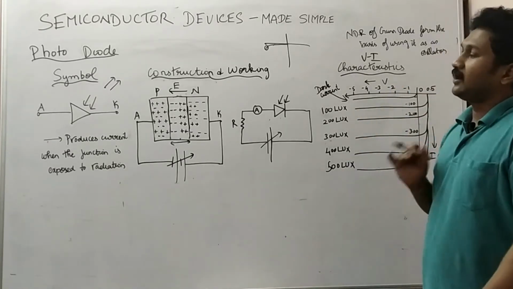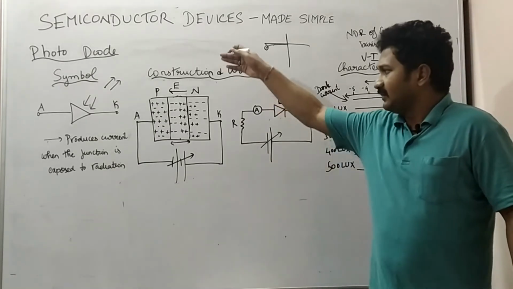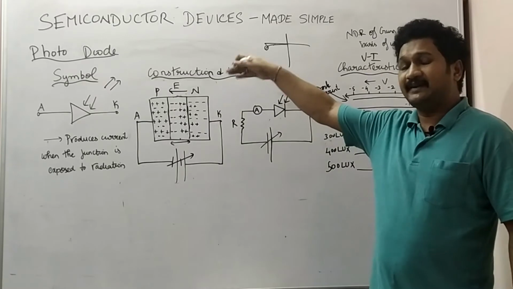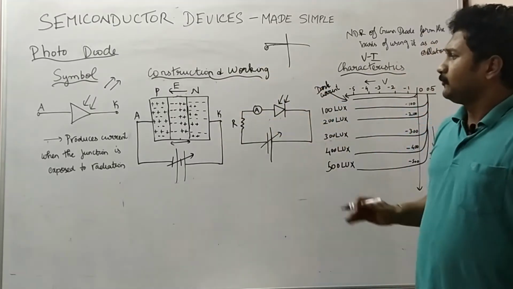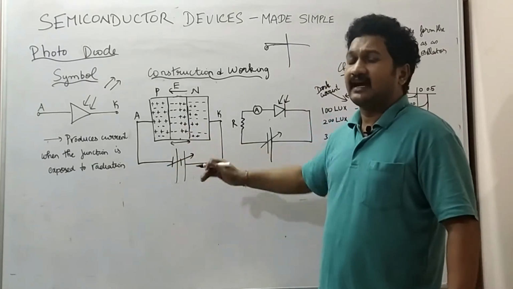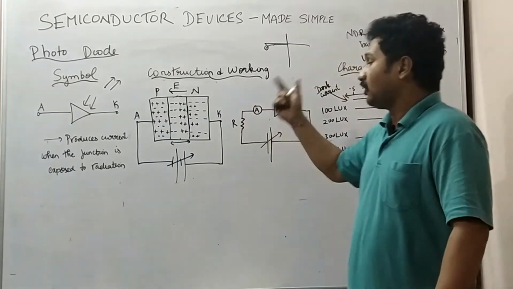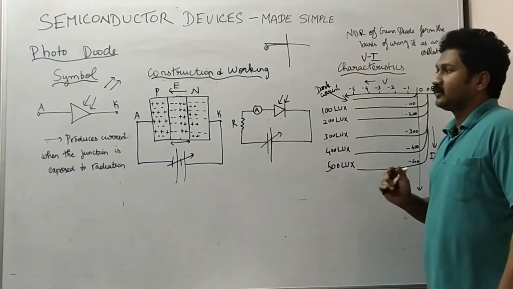This current is called dark current because there is no radiation incident on the photodiode yet.